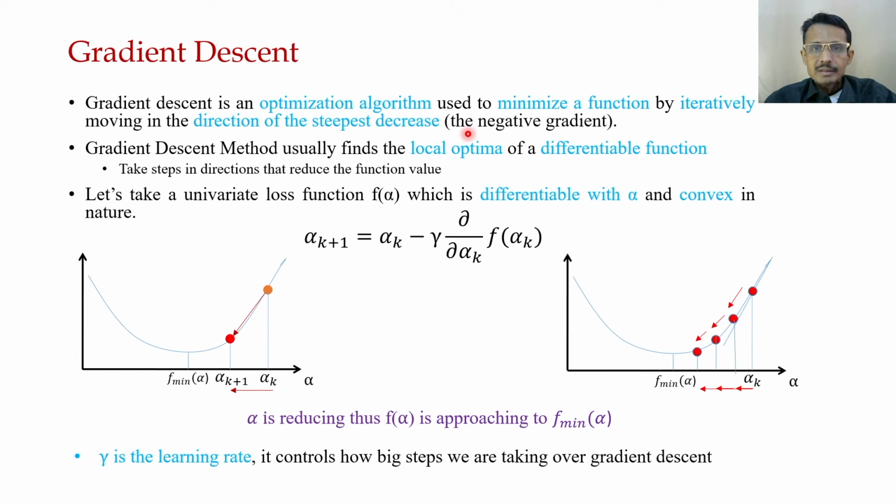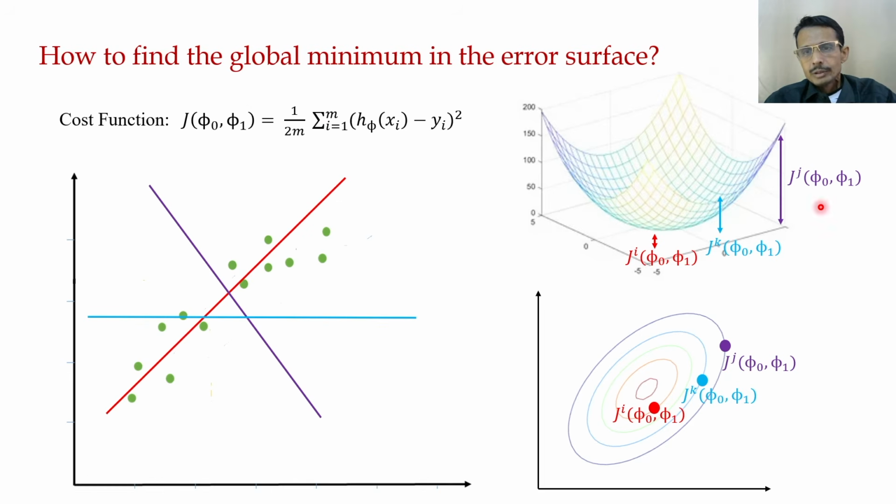Steepest decrease means moving towards the negative gradient. Gradient descent usually finds a local optimum, as we have seen. Since the function is convex, the local optimum is the global optimum.